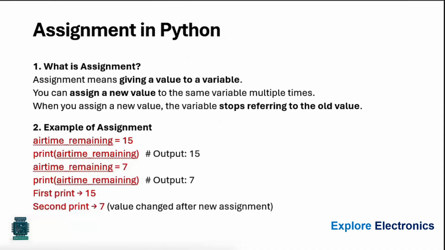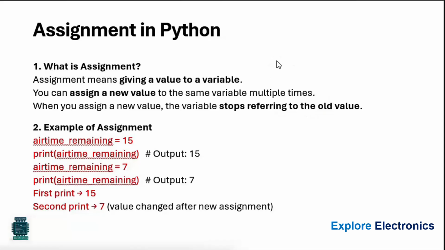Very clear? And here you can assign a new value to the same variable multiple times. Here I have assigned a is equal to 10. Again I can assign a is equal to 20 to that same variable. Multiple times you can assign different values to that same variable. Got it? Then when you assign a new value, the variable stops referring to the old value.